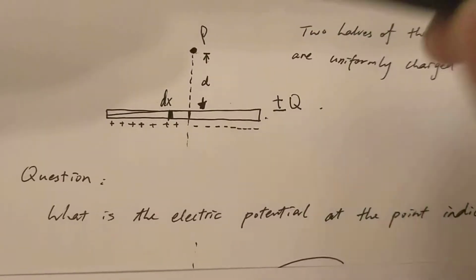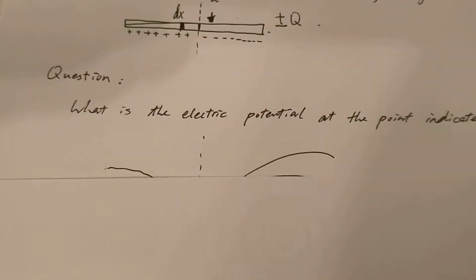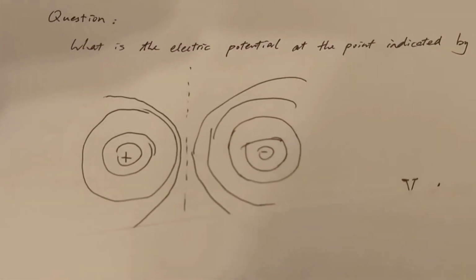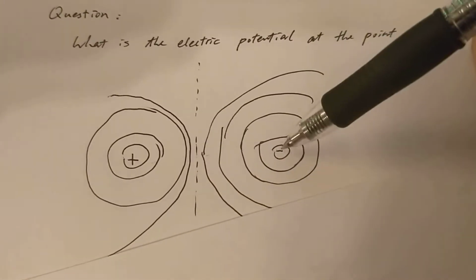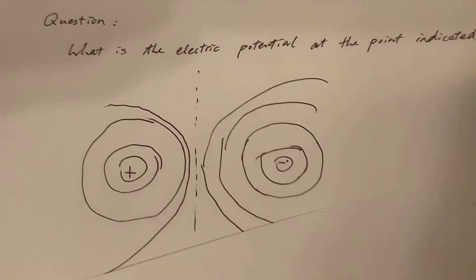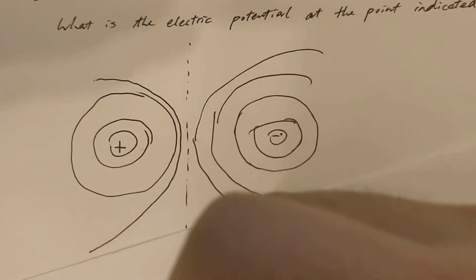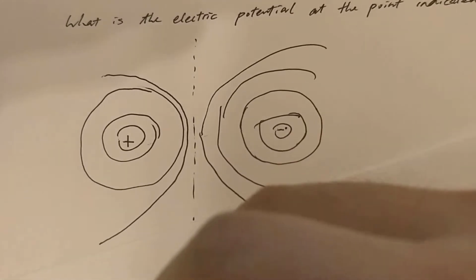So in order to figure out the electrical potential at point P, we have to recall that in class we mentioned the pattern of opposite charges and the pattern of same charges.